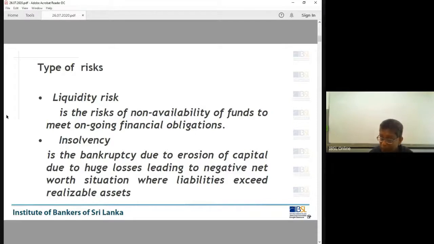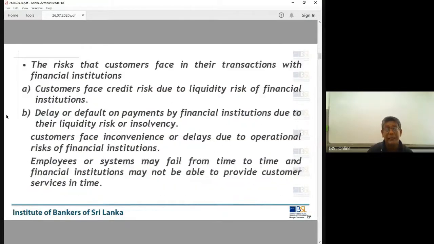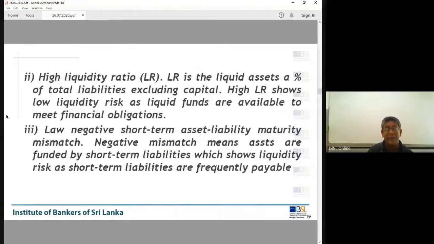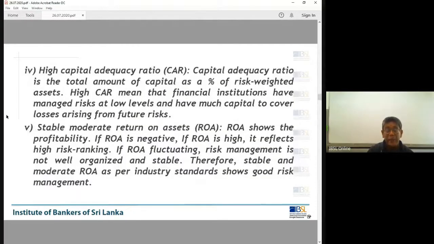So if we don't have enough capital, then banks are going to face insolvency. In order to prevent that, the central bank, as our regulator, requested all the banks to maintain adequate capital. If you have a high CAR, that means your bank is managed prudently.